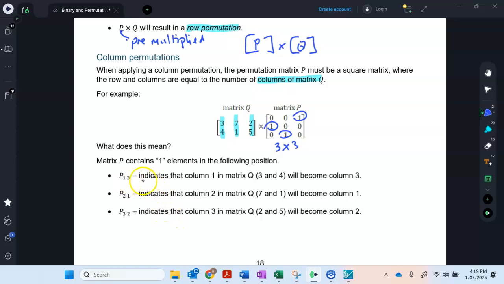So P1,3, the one in that position, indicates that column 1 in matrix Q, the 3 and 4, will become column 3. So let's just have a look at what's happening here. I'm going to get rid of all this so I can highlight it again.